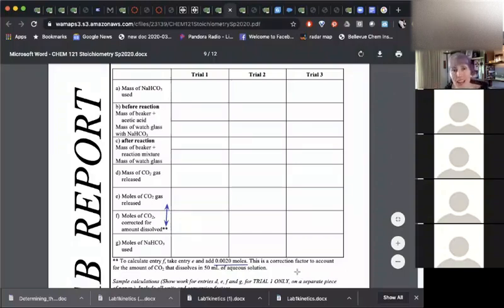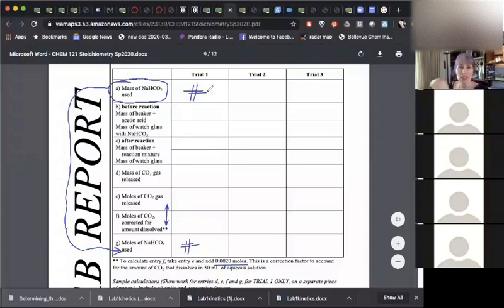Okay, now in part A, where we're determining that mole-mole relationship, just like in the pre-lab, we are going to use this mass and we're going to calculate this. So this number here comes from this number here, right? We know how much we started with. So we calculate moles, and that gives us the relationship.